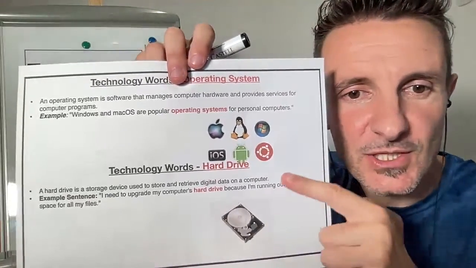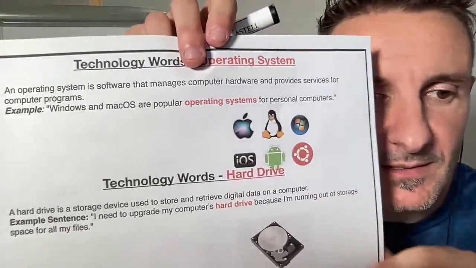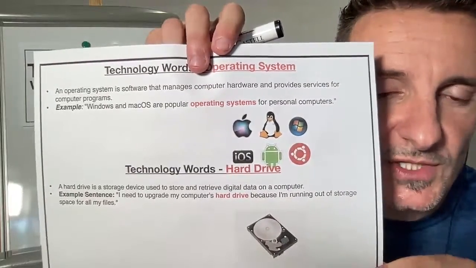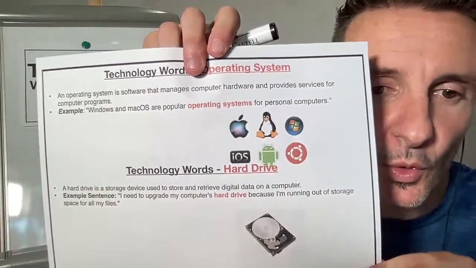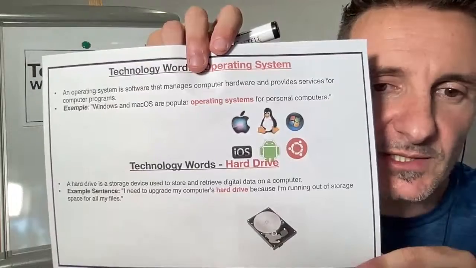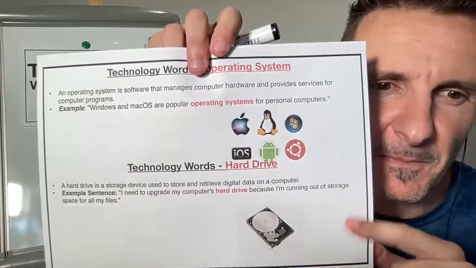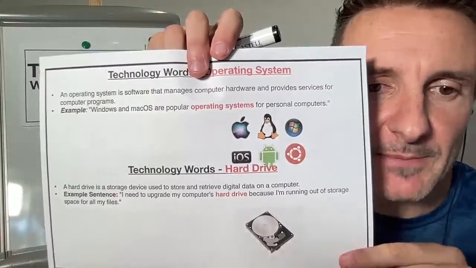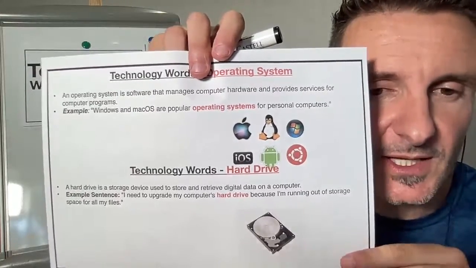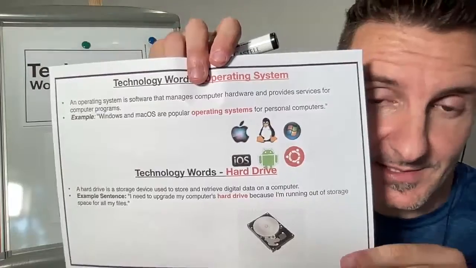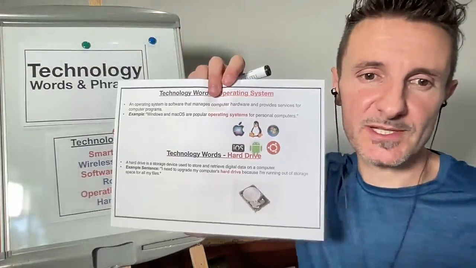Here is the explanation up here. Let's bring it closer. A hard drive is a storage device used to store and retrieve digital data on a computer. Here's an example sentence: I need to upgrade my computer's hard drive because I'm running out of storage space for all my files. You've all experienced that.